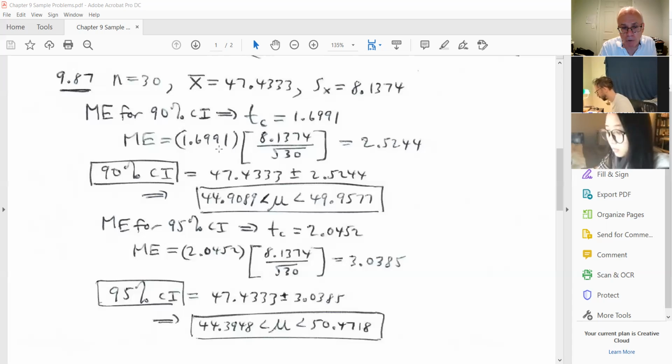You're figuring out what the critical value is based on the level of confidence, 90%, which means your area to the left is going to be 95%, 0.95. So when you find your T critical value, it's going to ask you for a probability or area. You're going to put 0.95 because it's the middle area plus the left tail.